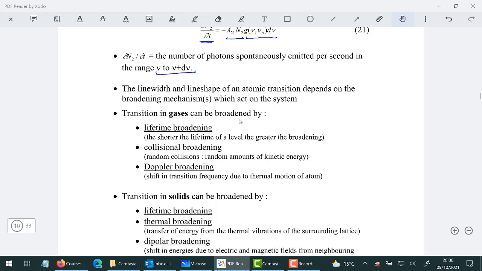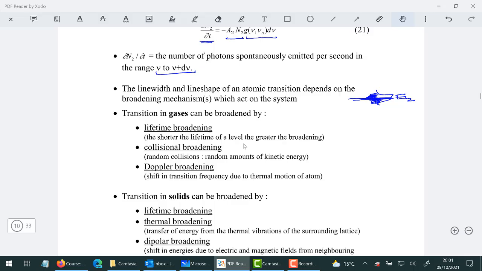Now, this process of going from having just one single energy, E2, to a range of energies, a distribution of energies, is called broadening. So the infinitely perfectly sharp line that we had in our original model has now been broadened out into a range of values, with its own distribution.